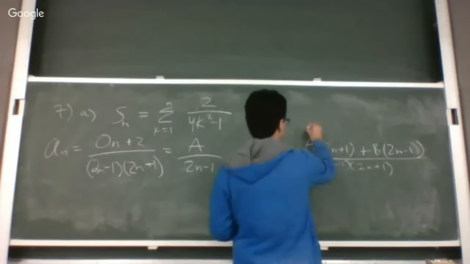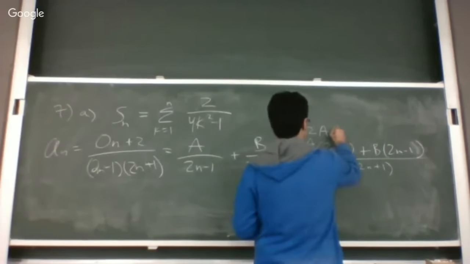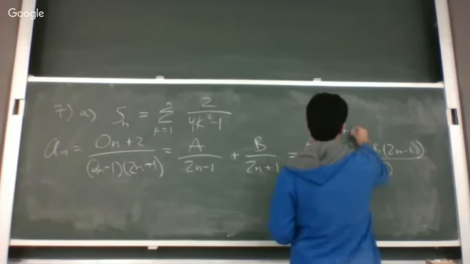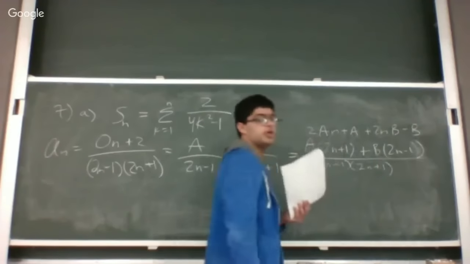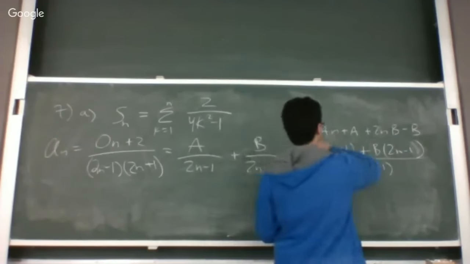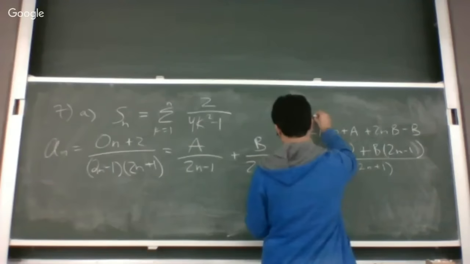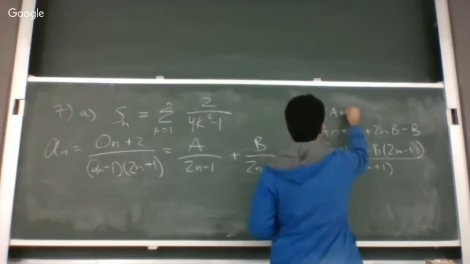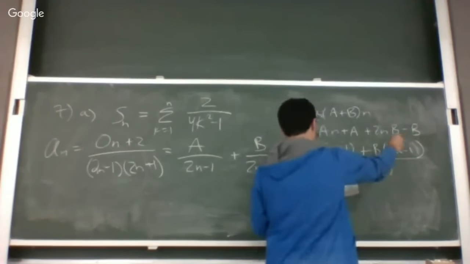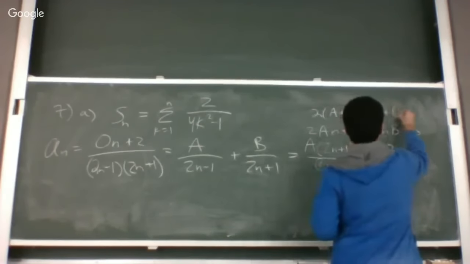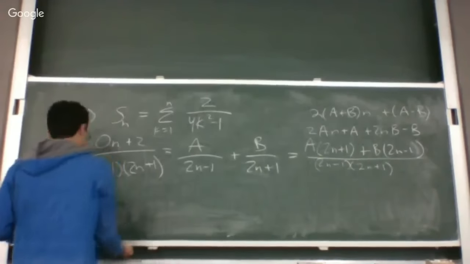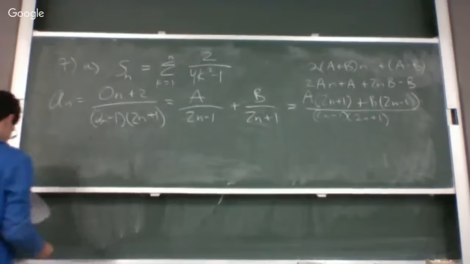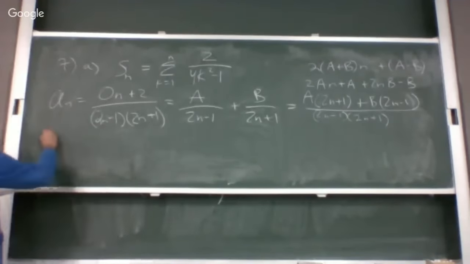If you multiply them out, we have 2A times n plus A plus 2nB minus B. If we group them, we have 2 times A plus B times n, plus A minus B.